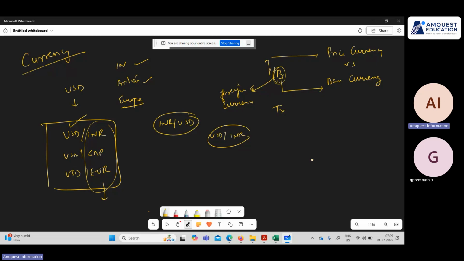Okay. Now, the next part that we discussed that day is very important. If I say 97 by 98 CAD by USD, we discussed that if I have to buy 1 USD, the question is which is bid and which is ask, and we know that bid is less than ask.